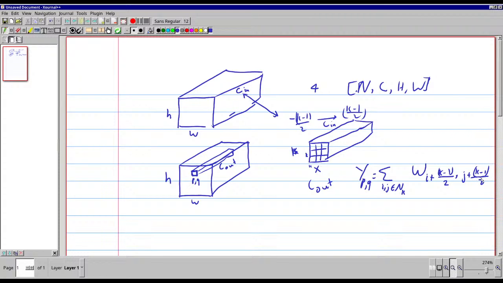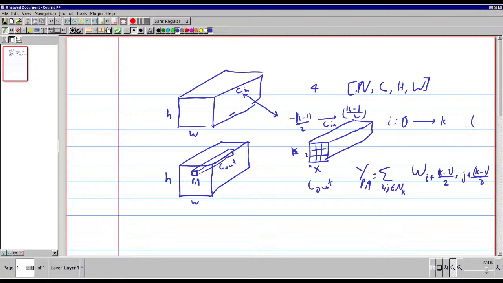Because when I is minus (K minus 1) over 2, adding (K minus 1) over 2 gives you 0, so the count goes from 0 to K minus 1 in the I dimension.